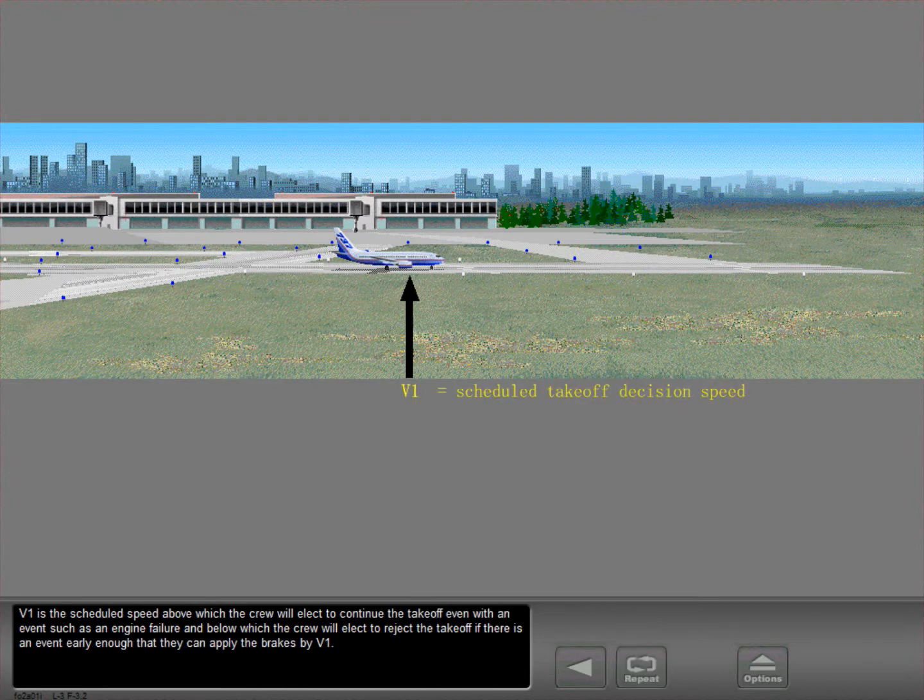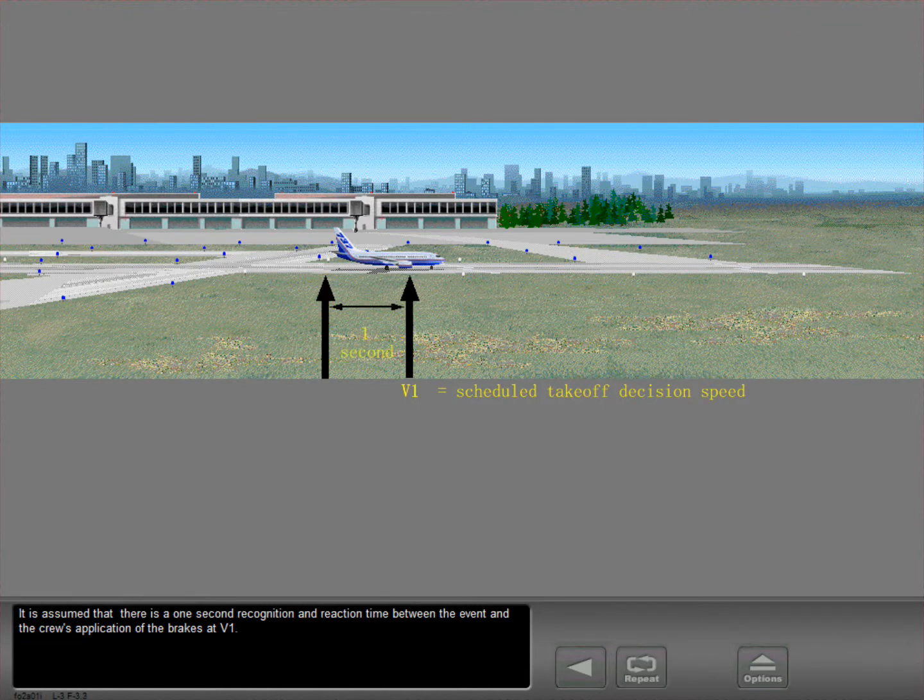To start, let's look closely at the takeoff decision speed. V1 is the scheduled speed above which the crew will elect to continue the takeoff even with an event such as an engine failure, and below which the crew will elect to reject the takeoff if there is an event early enough that they can apply the brakes by V1.